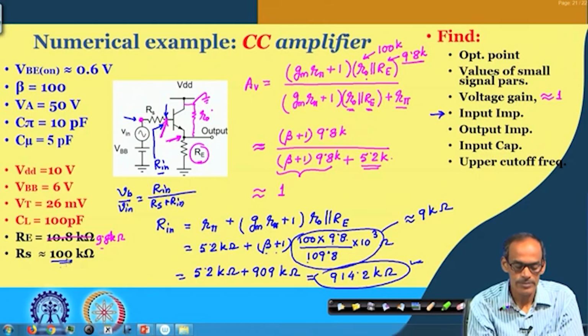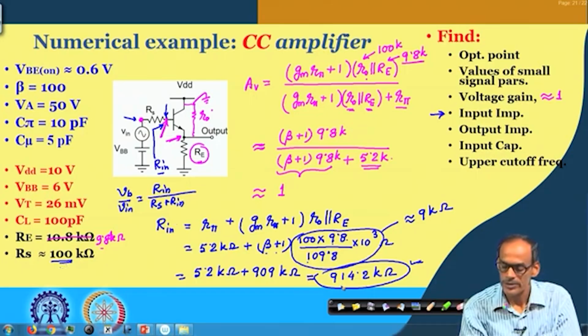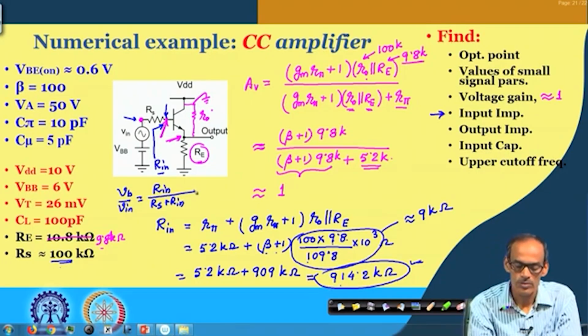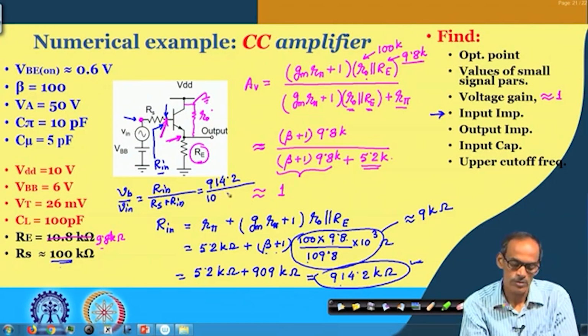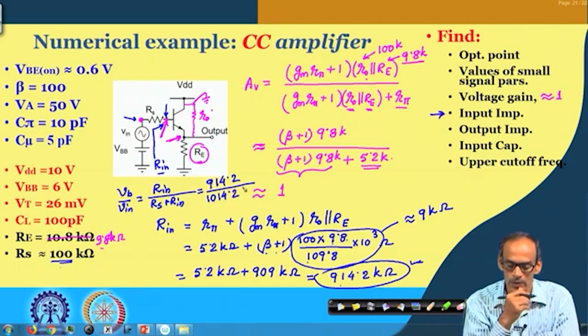R s is 100 K, and R in is close to 900 K. Accordingly, this is 914.2 divided by 1014.2, so it is very close to 0.9.